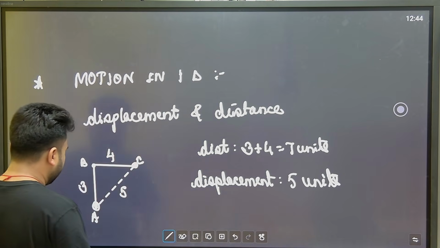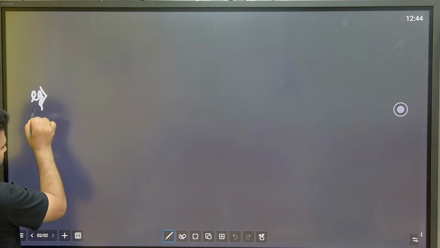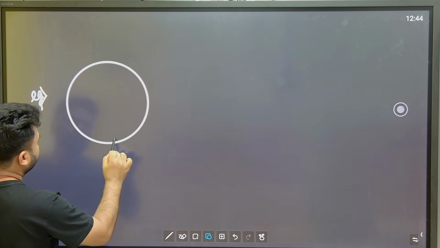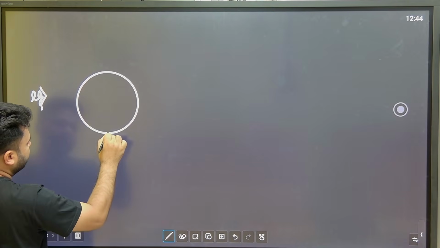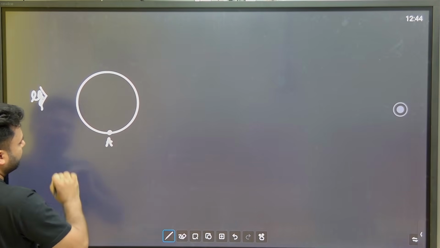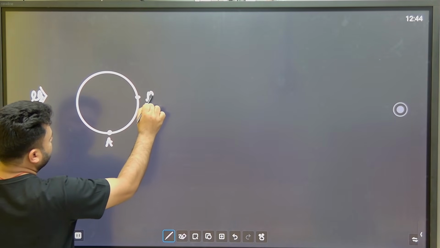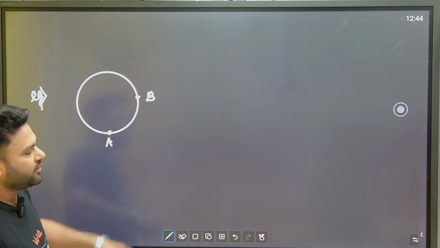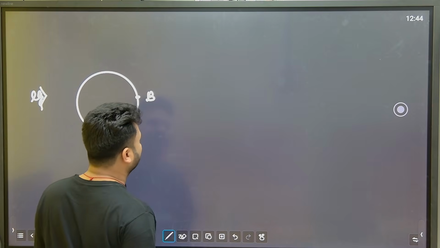Okay. If I take another example, suppose there is a body which is moving in this circle. This body started from A and it moves to B. Now someone asks what is the distance and what is the displacement.